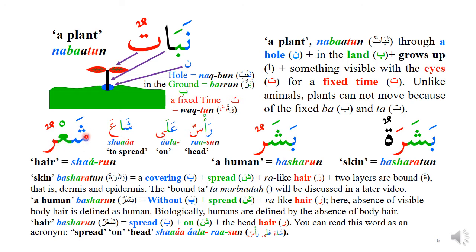So see, the definition of hair is given in these letters, that it is the spread, and sha'a ala means on, the ra'sun means head. Okay, so sha'a ala ra'sun is the definition of hair. Interesting, isn't it?